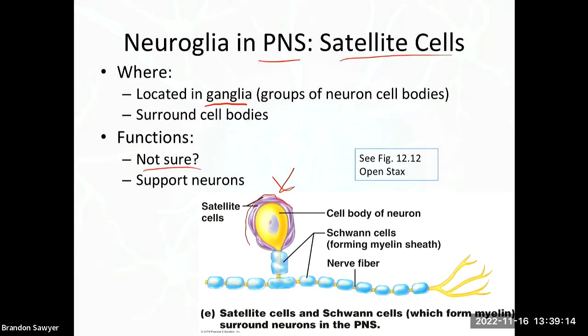We don't really know exactly what these guys are doing. Some of the things we're not quite sure, so we're not 100% sure of their function. We know there's some kind of support being provided to the neurons physically and probably with the health of the cell as well, but we don't know exactly why they're there. But those are satellite cells we find wrapped around these cell bodies of neurons in those ganglia.